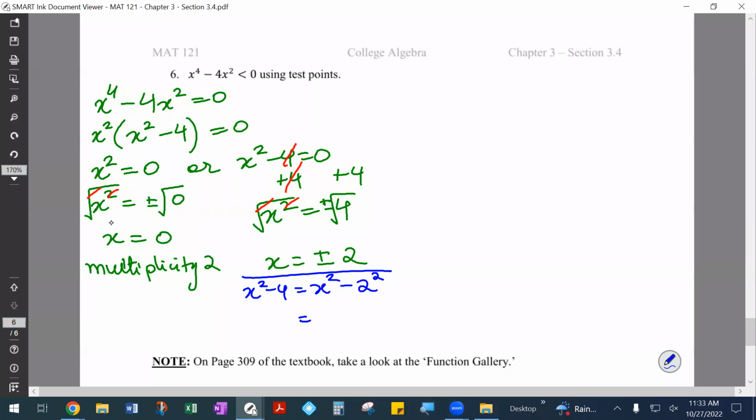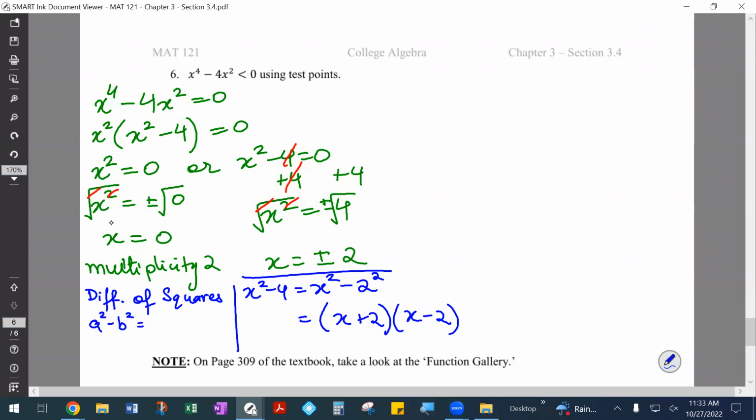And remember, when you have difference of squares like these, they factor into x plus 2 and x minus 2. So remember, this is coming from the difference of squares. So if you have a squared minus b squared, it factors into a plus b, a minus b.